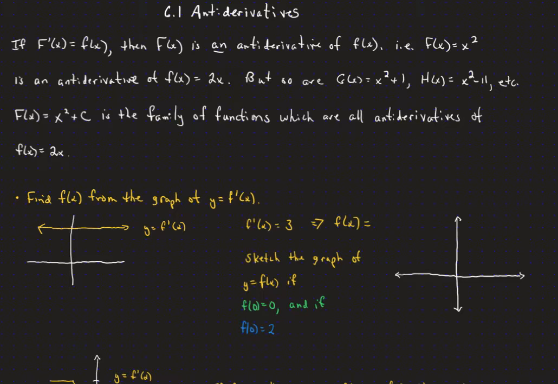So capital G, capital H, and capital F all have 2x as their derivative, so they are each considered an antiderivative of little f of x equals 2x.